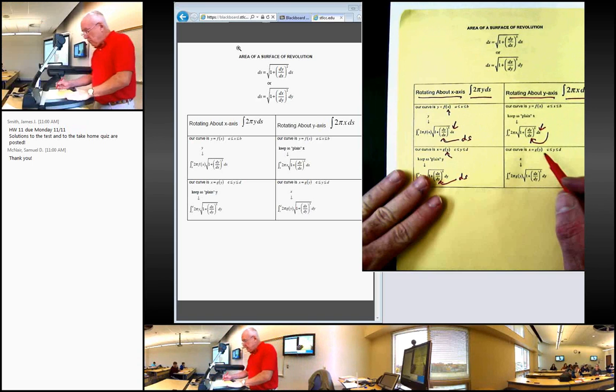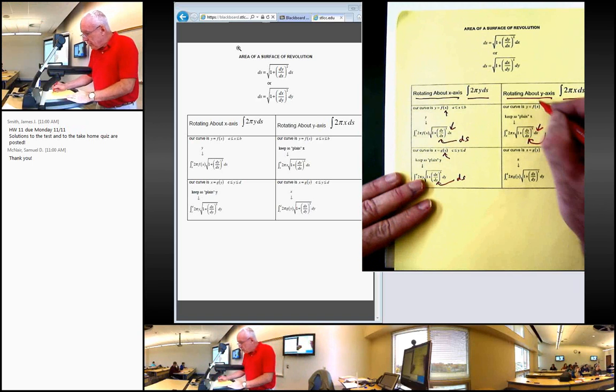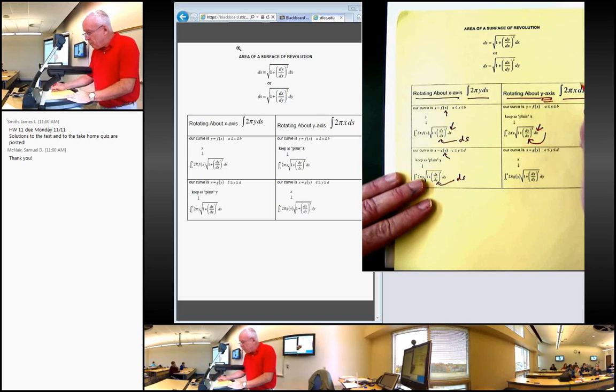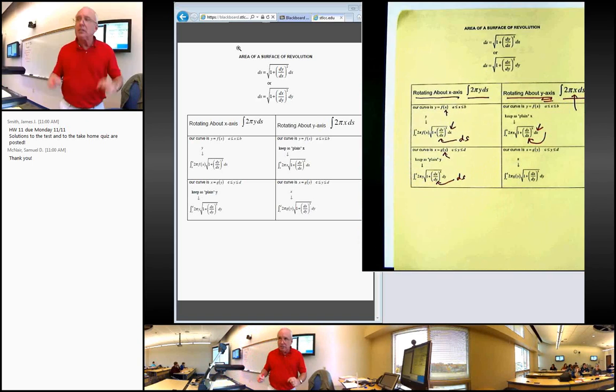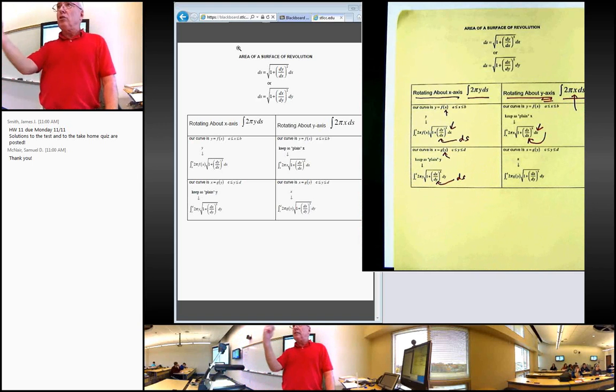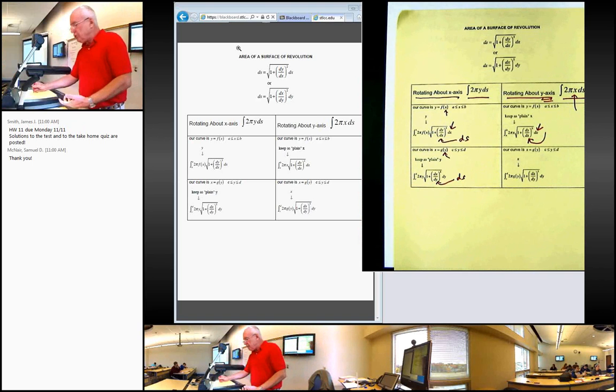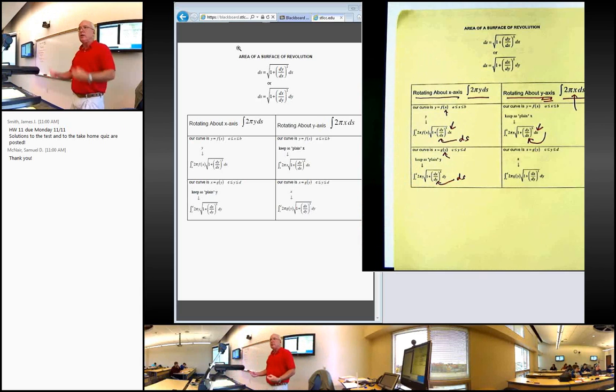However, in the case that we have here, if I am rotating about the y-axis, my formula is 2 pi x ds, because the radius of that circle is going to be an x. Since I already have an x, I just keep it as plain x. I don't have to do anything further with that part of it. You see the difference? It's a little bit subtle.